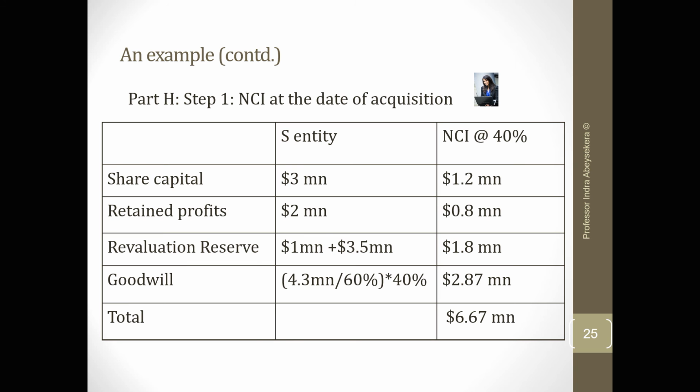So the revaluation reserve for the group increases to 4.5 million, and the goodwill of 4.3 million is for 60% ownership of the parent, and we gross it up to make it 100%, and 40% of that should be given to non-controlling interest. So we calculate the 40% for each of those and assign that to non-controlling interest, which totals up to 6.67.